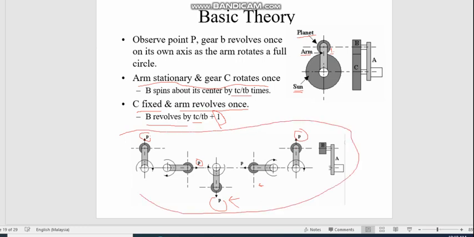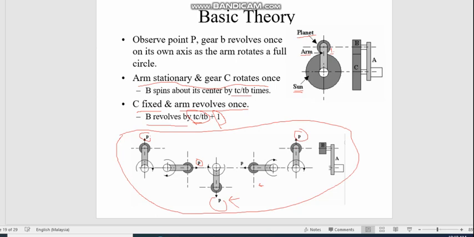As the teeth of gear B mesh with the teeth of gear C, and as it revolves, you get this rotation Tc over Tb. But when the arm revolves around the sun once, right?